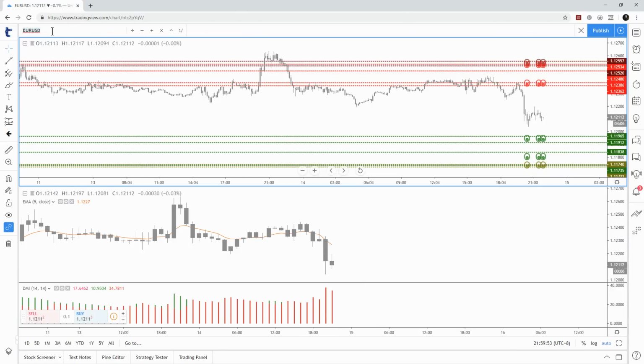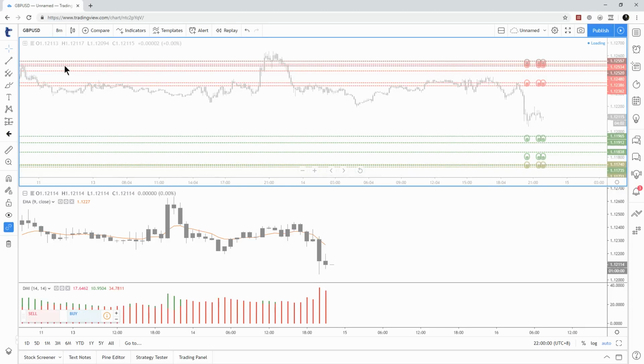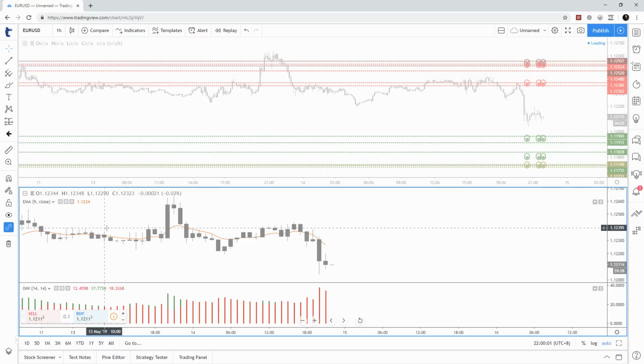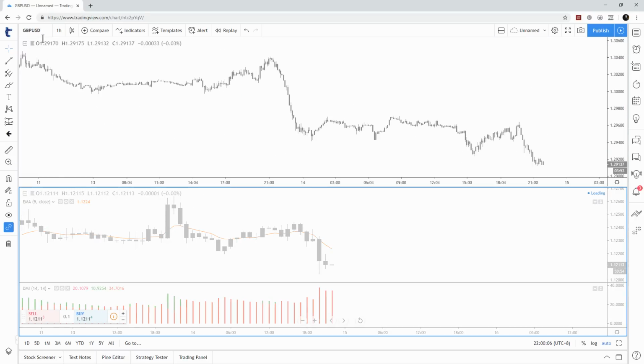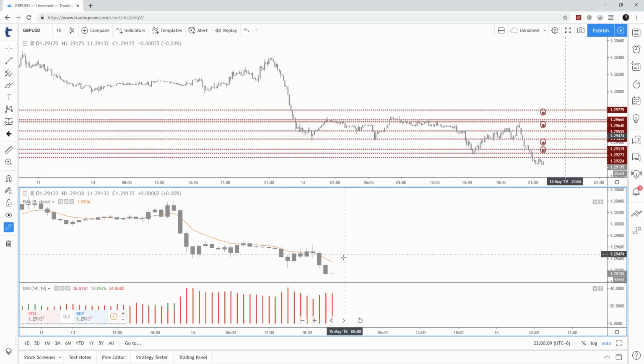So I'm gonna move very quickly into the Great British Pound. Let's look at the pound to see if we have a trade. GBPUSD is also in a downtrend with an average of 129.34.